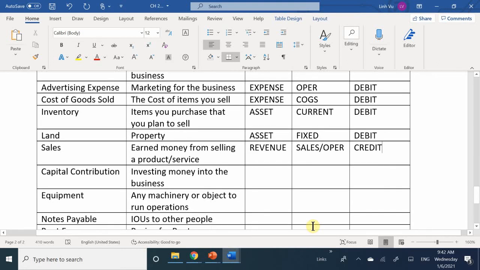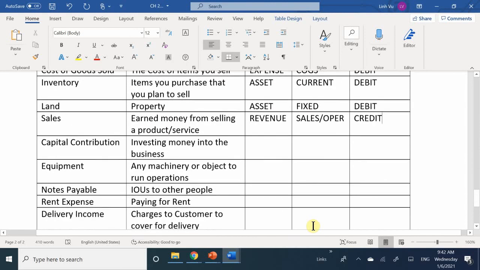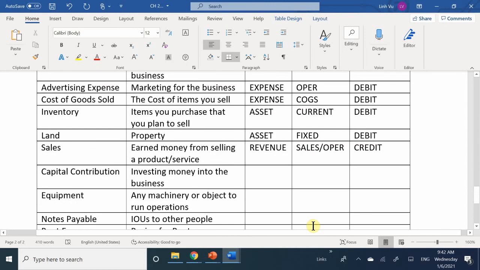Okay. What about a capital contribution? So investing your own money into the business. Equity. Yes, it is definitely an equity account. All right. Now, what kind of category does this belong to?